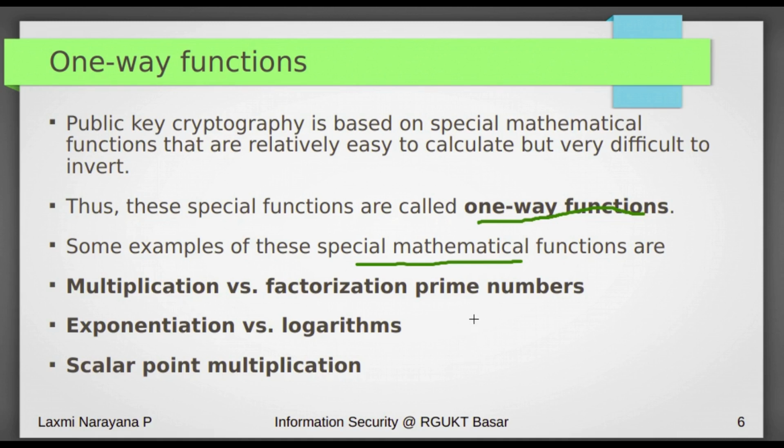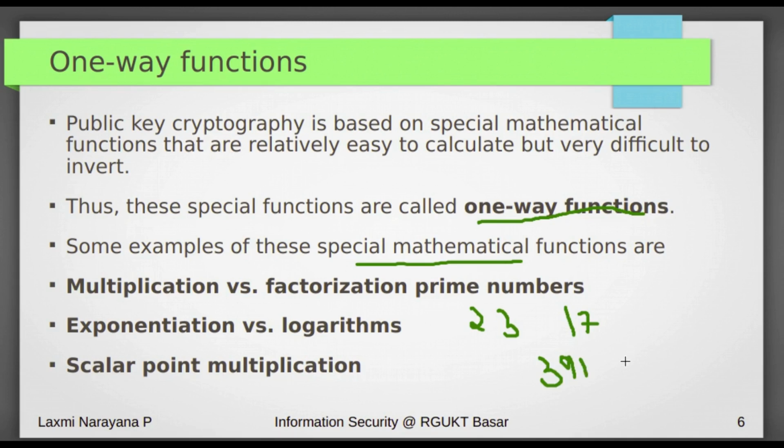Suppose we have two prime numbers, 23 and 17, and we want to calculate the product. It should take almost no time to calculate the value, which is 391.